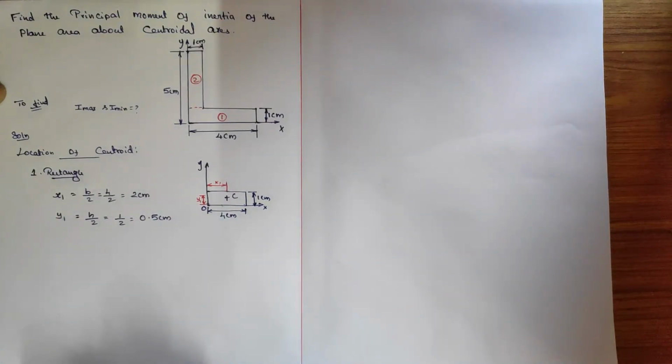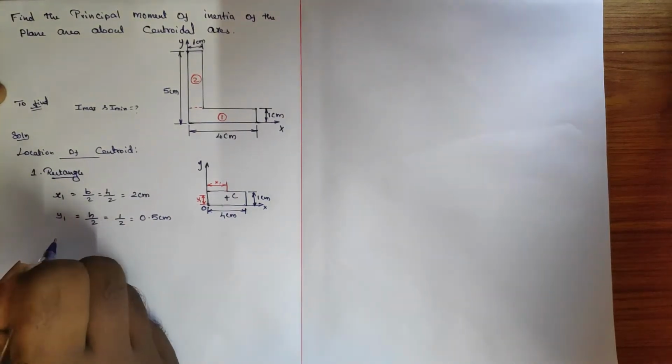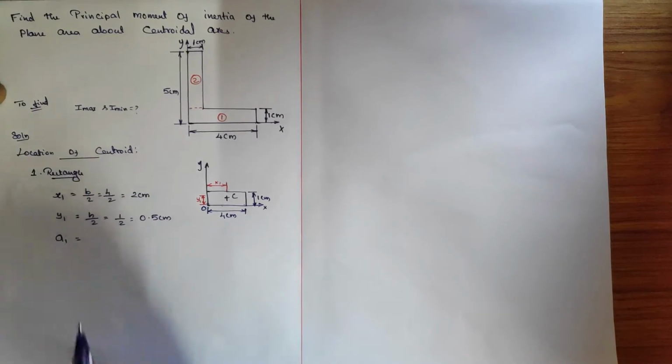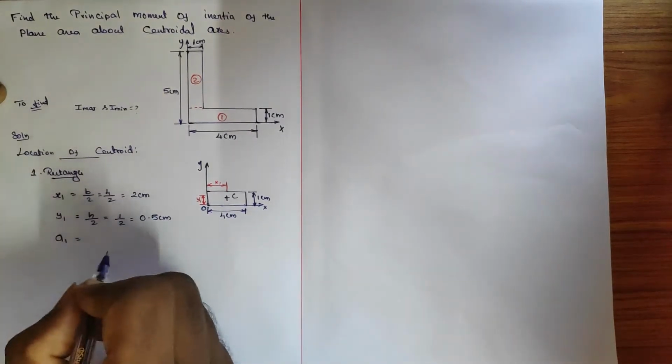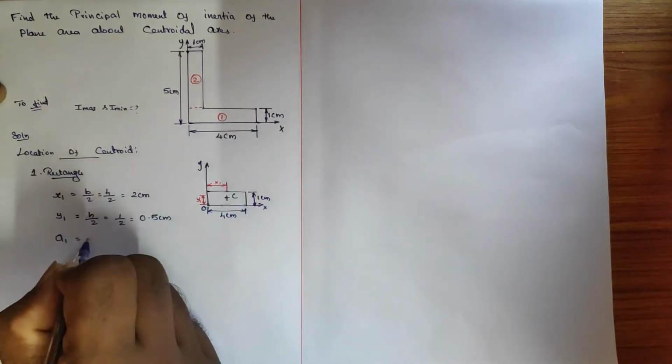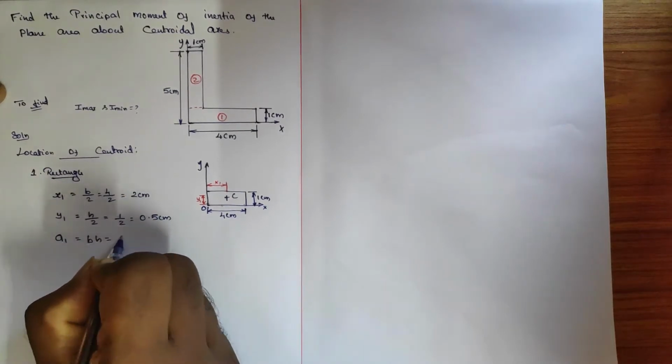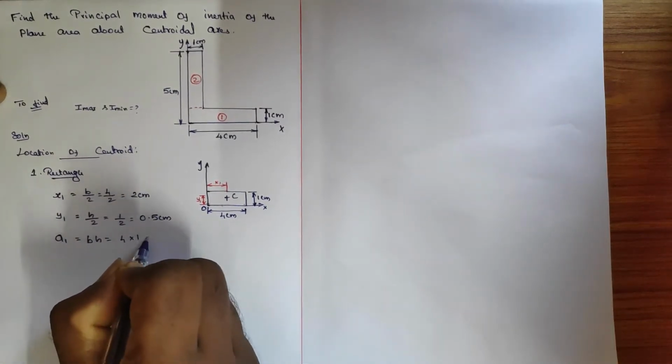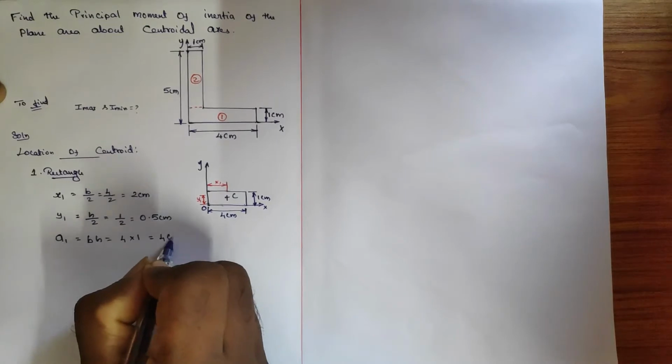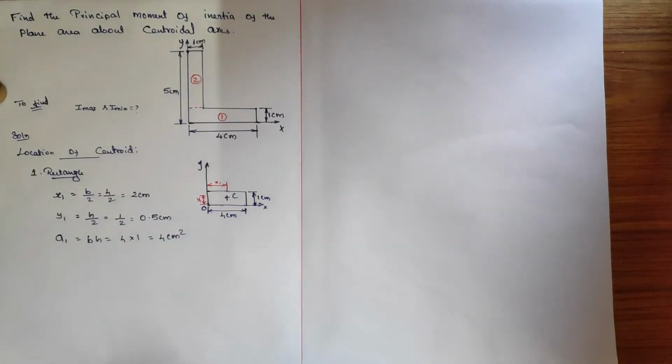Okay, 0.5 centimeter. And then area A1. The area of rectangle is nothing but length into breadth, b into h. Length is 4 and breadth is 1. So we get 4 centimeter square, right?